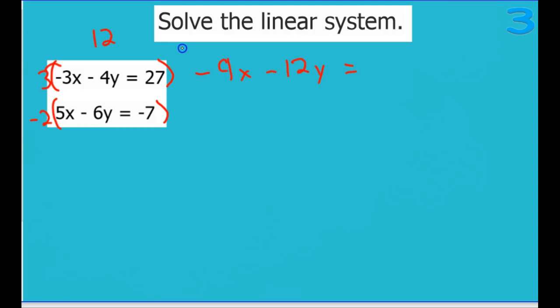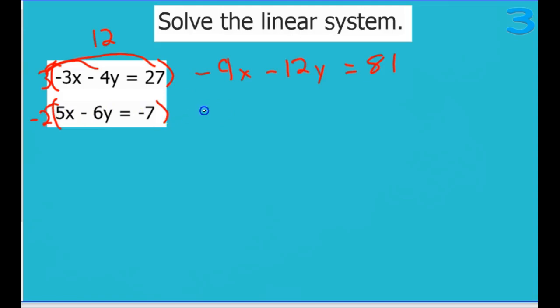This is a problem where you should probably get out your calculator. 27 times 3 equals 81. So we have our new equation for the top. Now we need a new equation for the bottom.